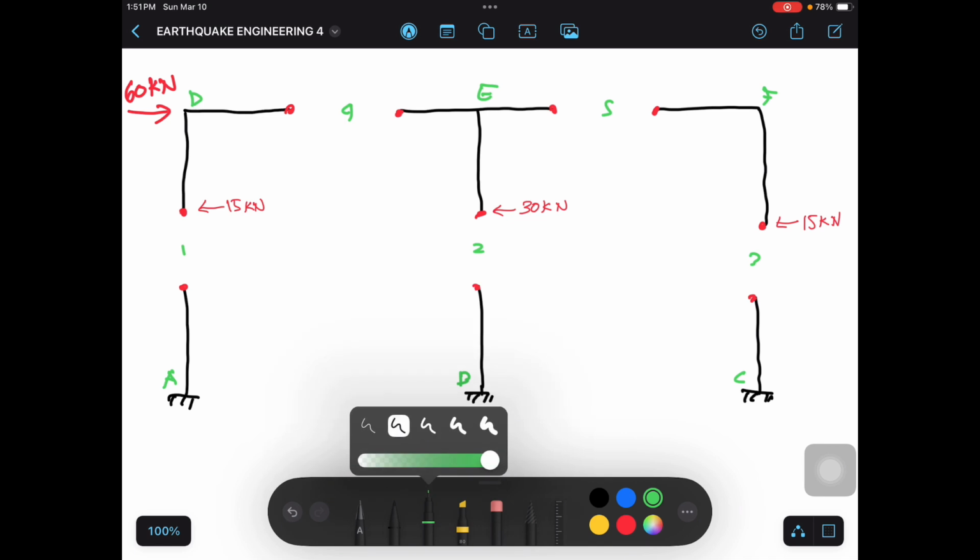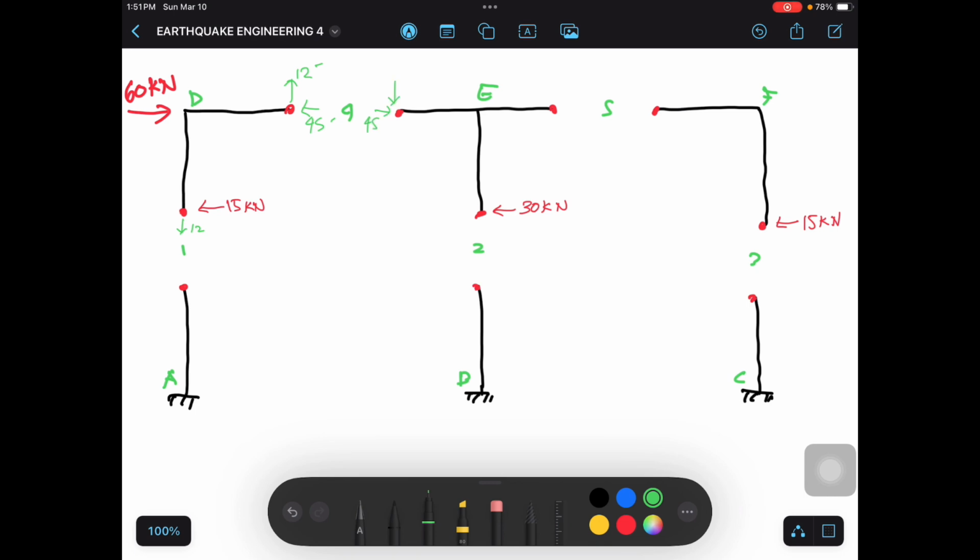So when we evaluated segment D, nakuha natin is downward na 12. Then dito, upward na 12. Dito, 45. Then nilipat natin itong dalawa sa segment E. We changed the direction, kaya ganyan na siya. Same dito sa joint 1.